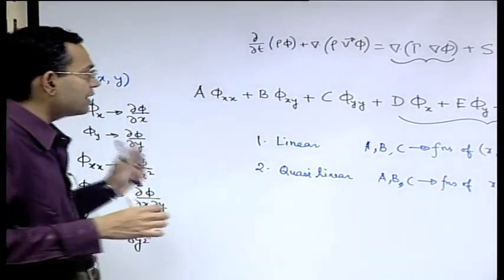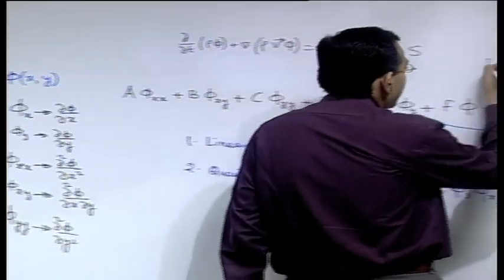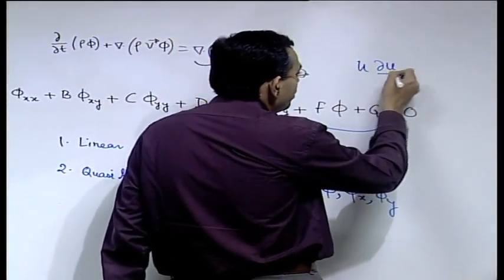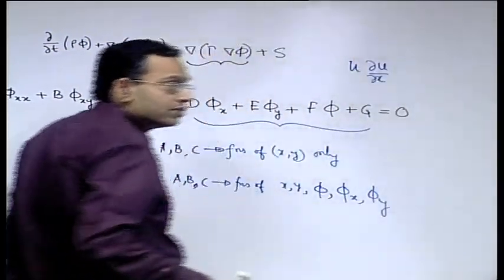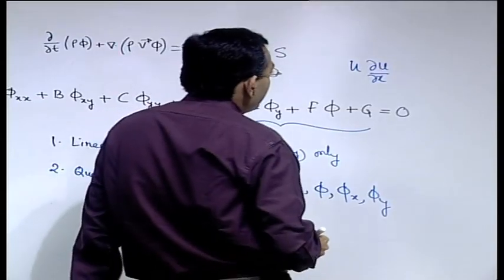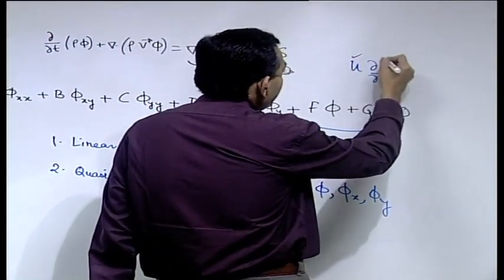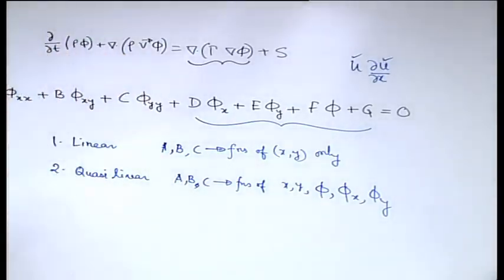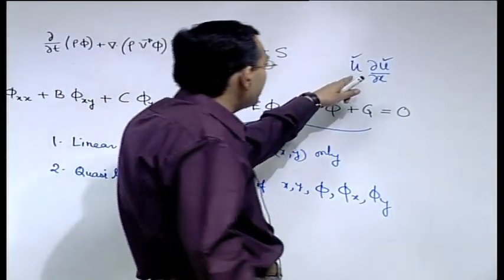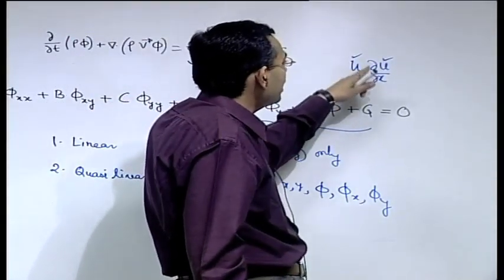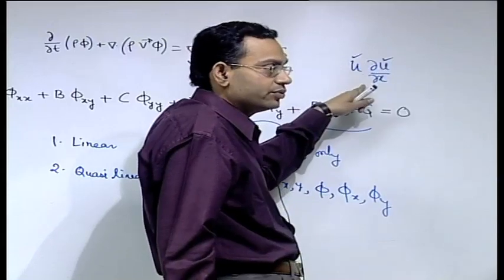So, for example, if you have a term of this type u del u del x, you can see that you could have a non-linearity because of a multiplication of u with a differential function of u.